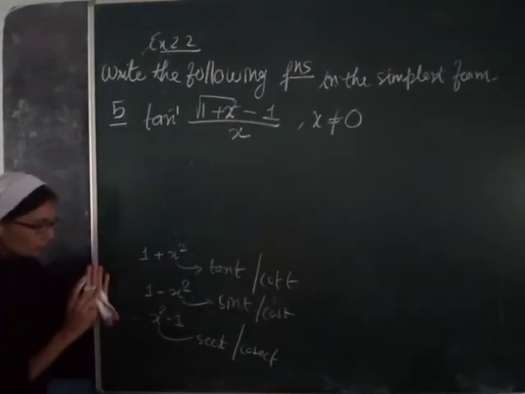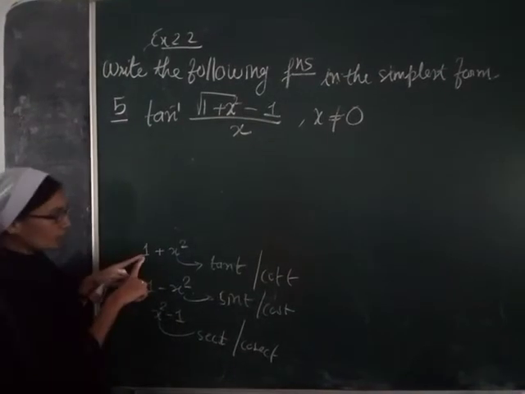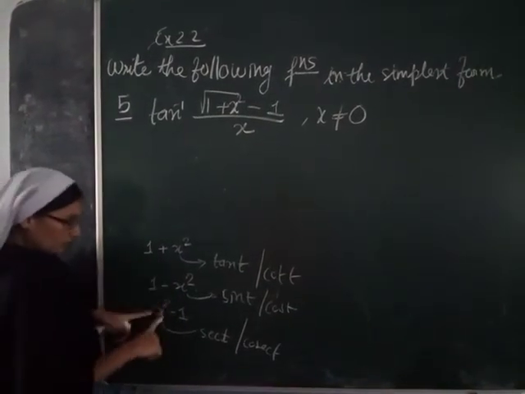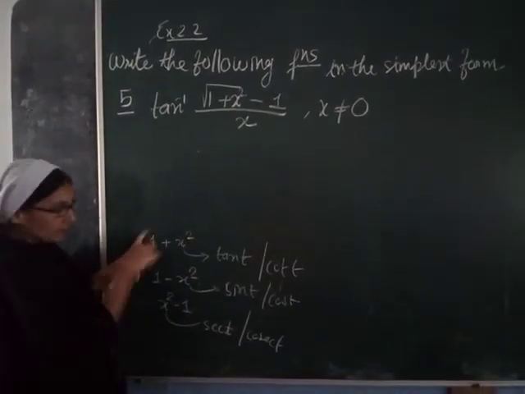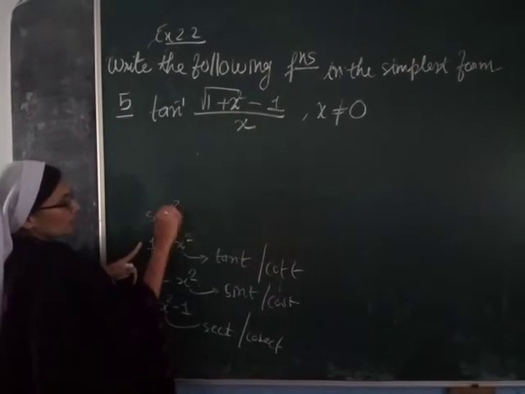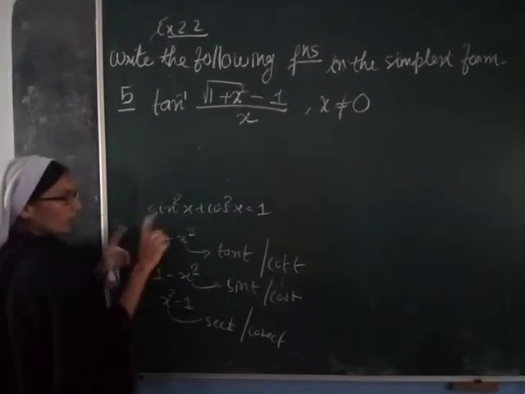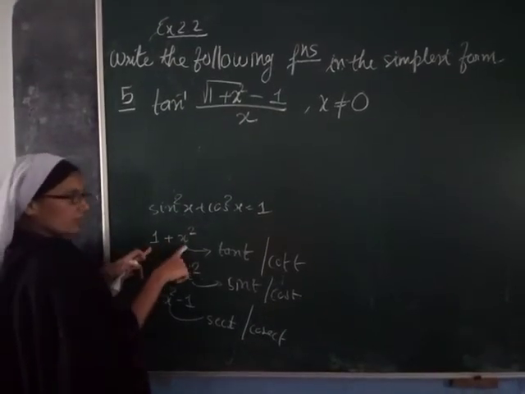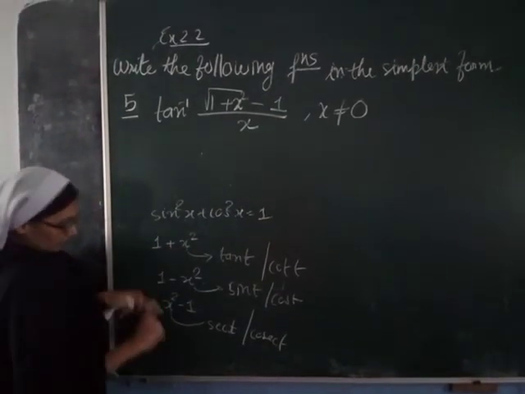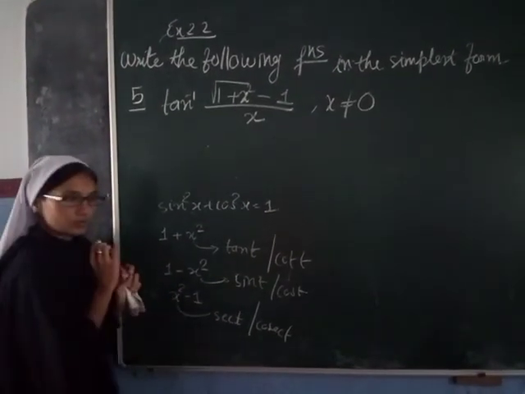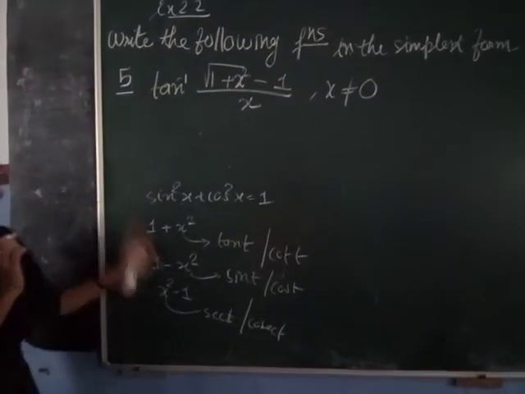Okay, why do we have to take this? Because these are the trigonometric identities: sin square x plus cos square x equals 1, which we have learned in class 10. Then 1 plus tan square is equal to sec square, then sec square minus 1 is equal to tan square. From this I am going to assume this.